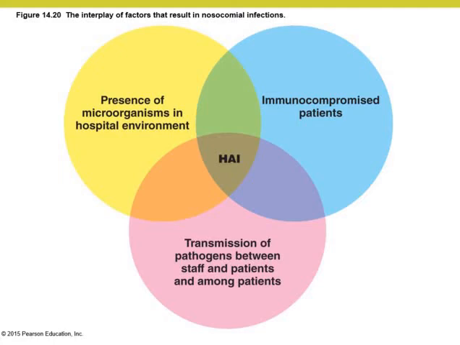HAIs arise from the interactions of several factors in the healthcare environment, which include the three factors which you see here in this diagram. We start with the first one, which is exposure to the numerous pathogens present in healthcare settings, including many that are resistant to antimicrobial agents. The second one is weakened immune systems, or immunocompromised patients who are ill, making them more susceptible to opportunistic pathogens.